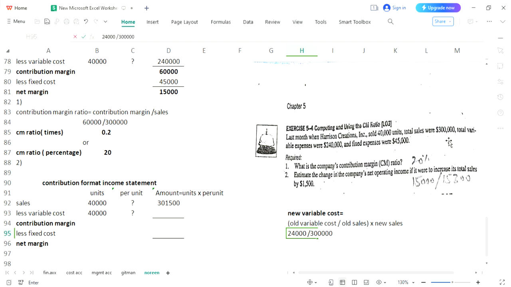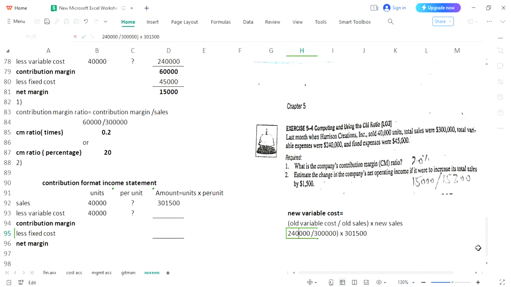Put 3 lakh and put a bracket around it. Then you need to multiply with your new sales. The new sale was mentioned over here. We were supposed to increase by 1500 units, so the new sale is 3 lakh 1500. So you will multiply the answer with 3 lakh 1500. Please see the statement. This is what we are going to write on the calculator.